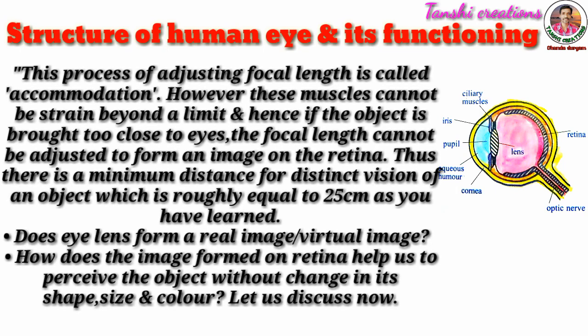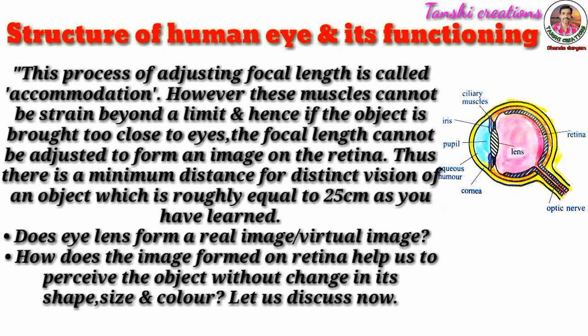This process of adjusting focal length is called accommodation. However, these muscles cannot be strained beyond a limit, and hence if the object is brought too close to your eyes, the focal length cannot be adjusted to form an image on the retina.